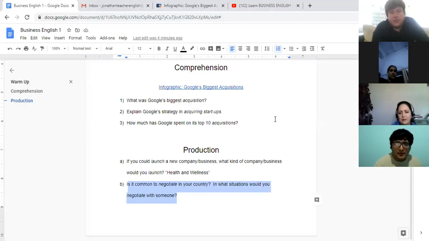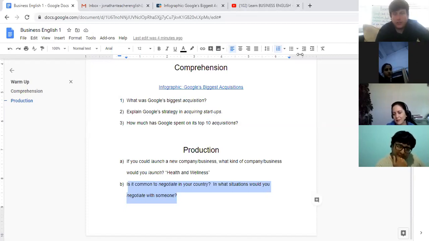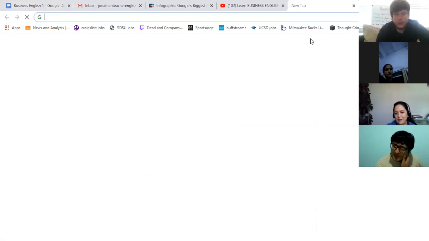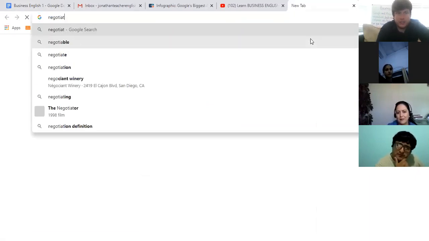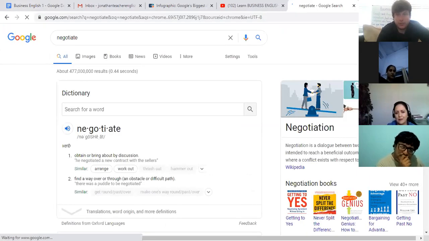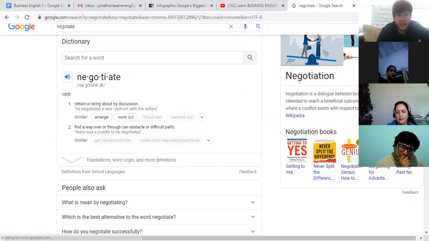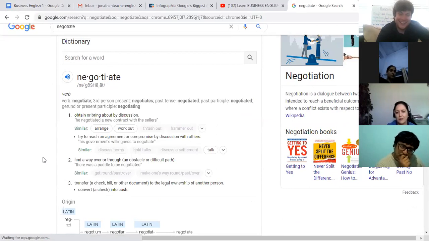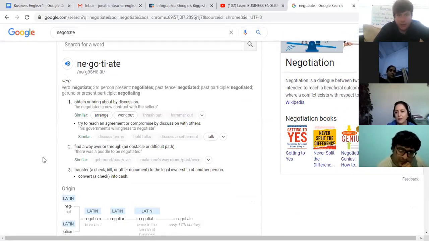Is it common to negotiate in your country? In what situations would you negotiate with somebody? So if you're not sure of the word negotiate, this is a strategy I use anytime I'm learning a language. It's a pretty basic strategy, but it's called a dictionary, English to English dictionary. Do not translate the word right away.